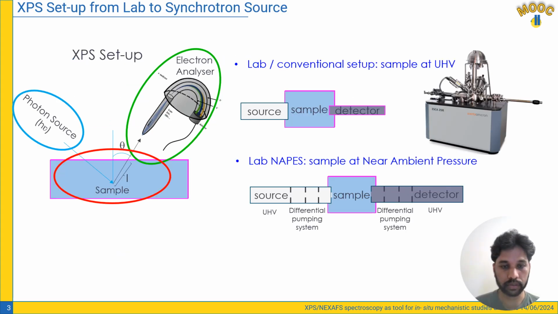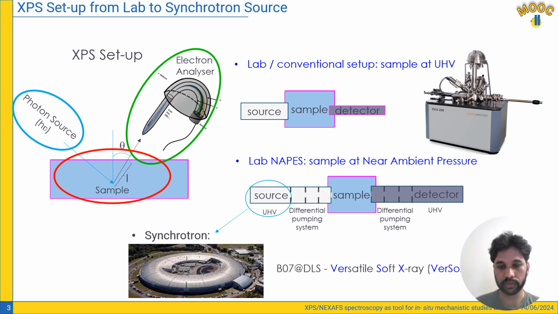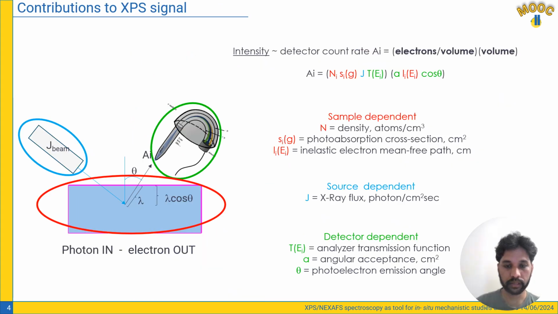So this is the actual setup of any XPS or X-ray technique. The difference from the lab to synchrotron radiation is the source. The source changes many things. The signal contribution is given by this equation: the sample, mainly, and then the source.